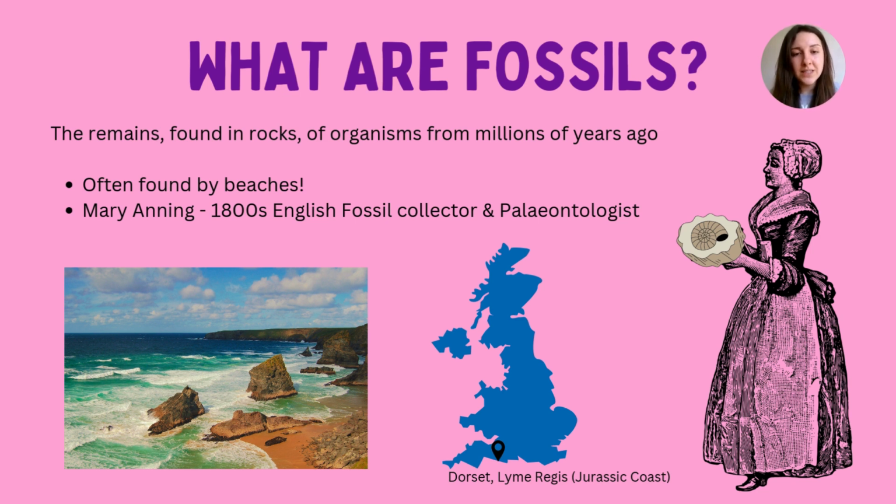And fossils, we can get them from loads of different places on Earth. They're often found at beaches. In the 1800s, there was a scientist called Mary Anning, who was an English fossil collector and paleontologist. She lived on the Dorset coast, now known as the Jurassic coast. She was not really well respected at the time because she was a woman doing sciencey things.